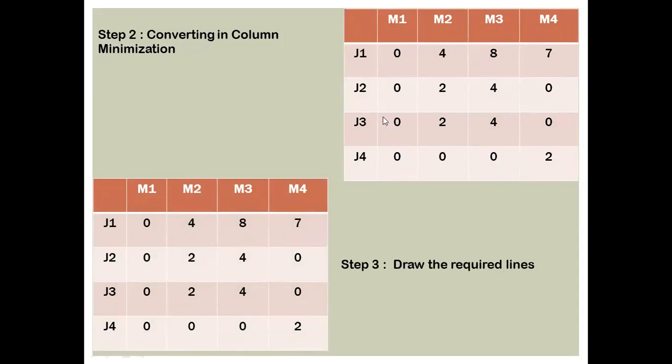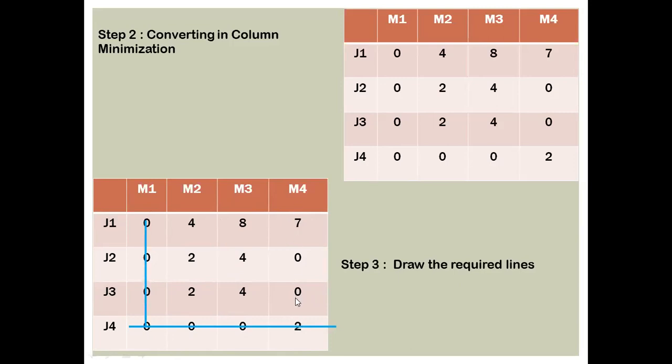So tell me class, which row has got the maximum zeros? Or you can opt here and you can see that if I go row wise, I can cover the last row which has got 3 zeros. So the first line I will draw is on the 3 zeros. Then in the first column you have got 3 zeros and in the last column you have 2 zeros.